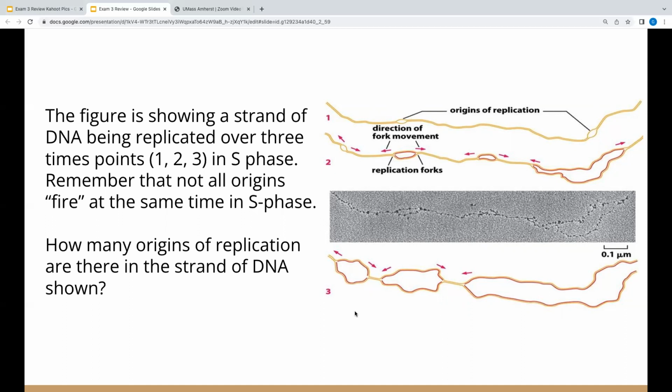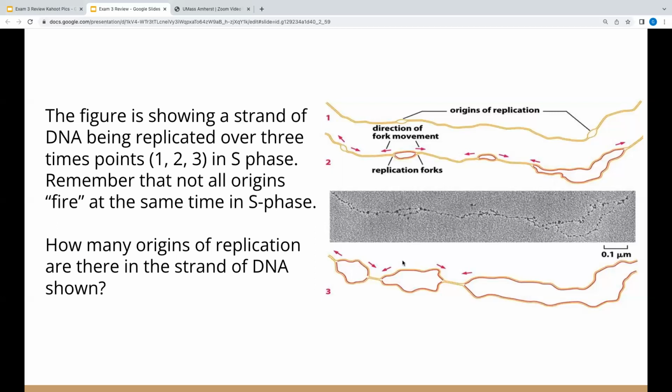Anyone want to take a shot? Yep. That's right. There are 3. 1, 2, and 3. In the beginning, there are only 2 shown, but as time goes on, more and more of the DNA is going to be unwound by helicase at these replication forks, and the forks are going apart and towards the other bubbles.